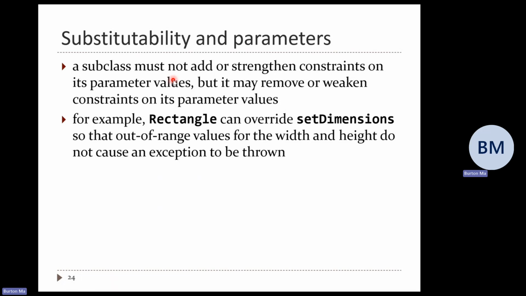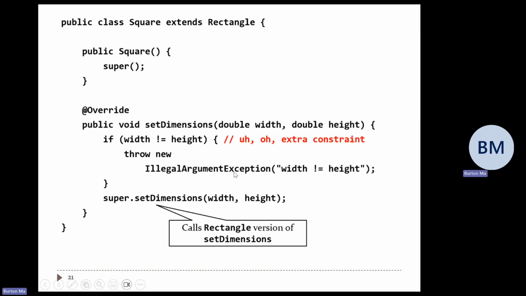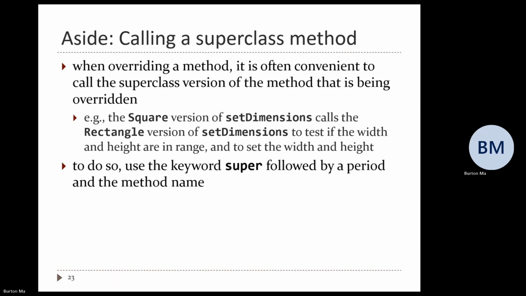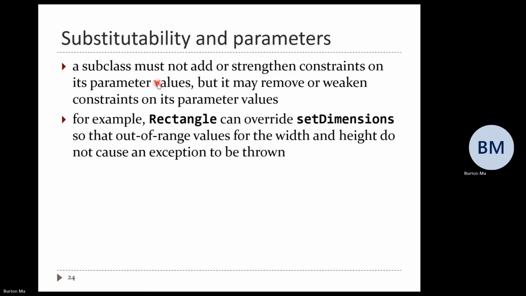Okay, so this method here is incorrect. We added a new precondition to the method that the shape version of the method doesn't have. So you can't do that. Right? Does that mean you cannot change the preconditions on a method that you inherit from a superclass? The answer is no. You can change the preconditions, right?